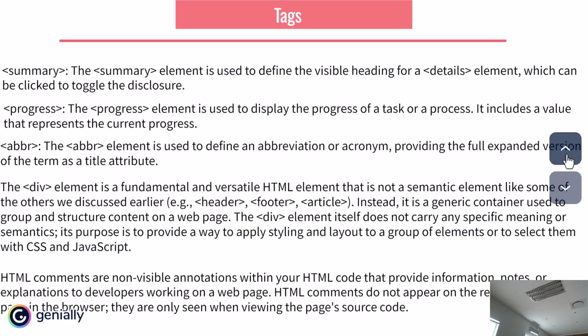Okay, so the progress element is used to display the progress of a task or a process. It includes a value that represents the current progress. Right? Loading speed on the loading machine. That is a progress.